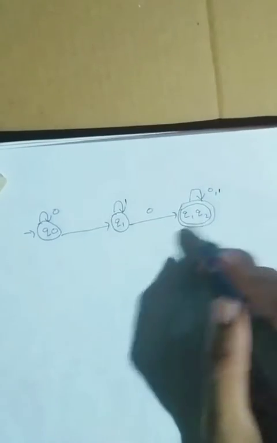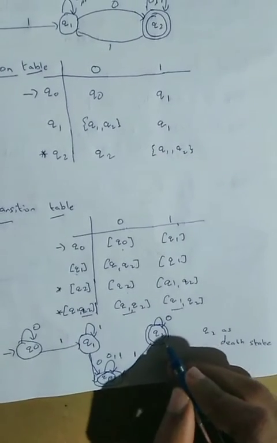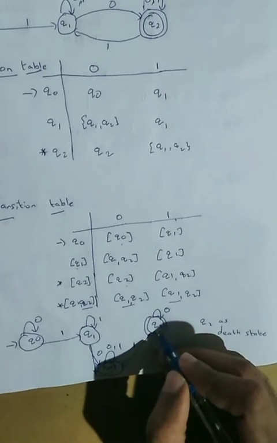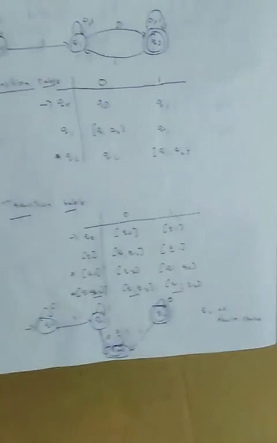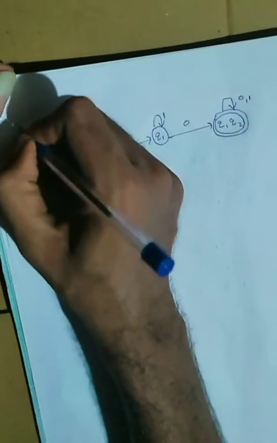But we just took this out because it was a dead state. Why? Because there was no incoming to the q2 state. So we removed the dead state and created a new transition diagram. It was the complete transition diagram of a DFA.